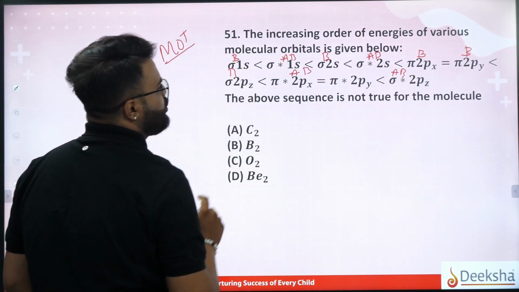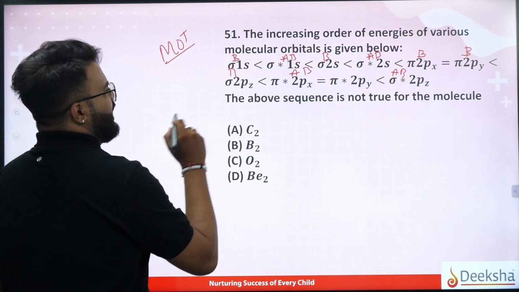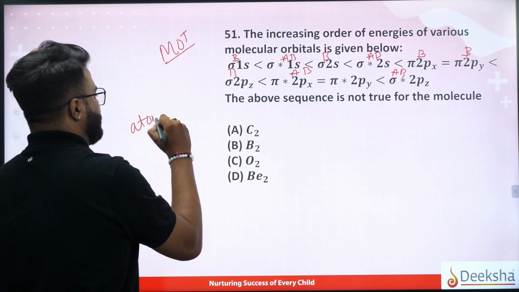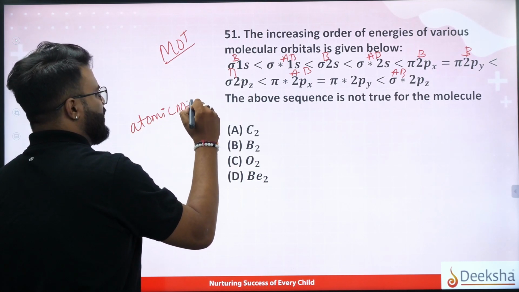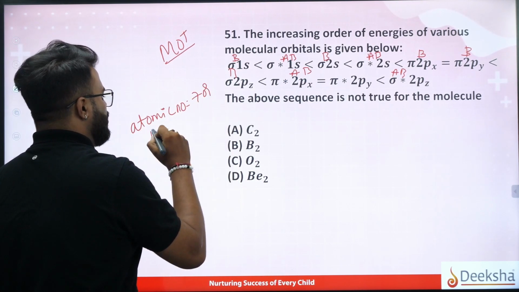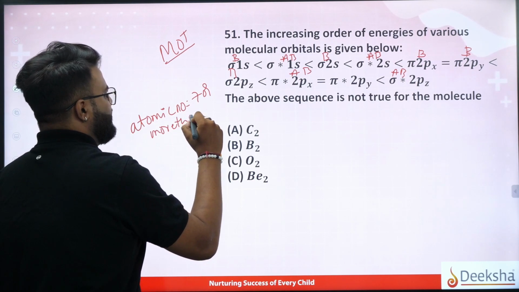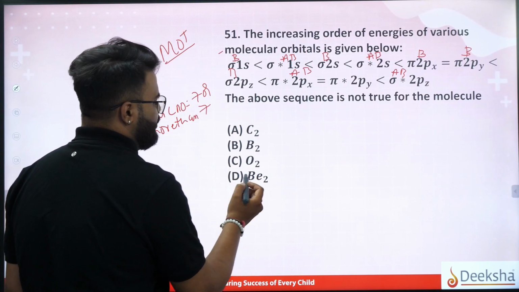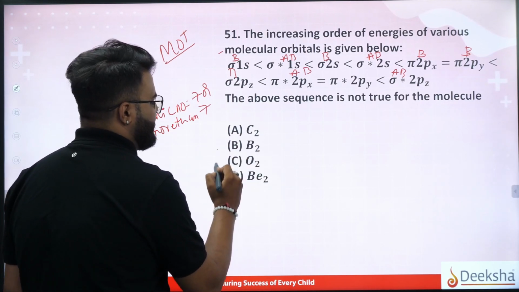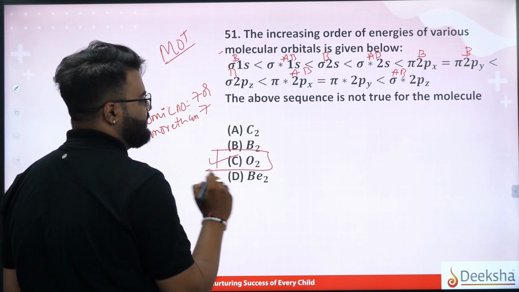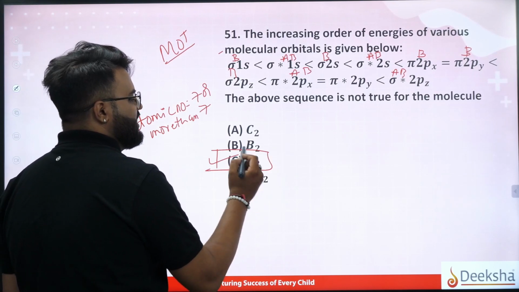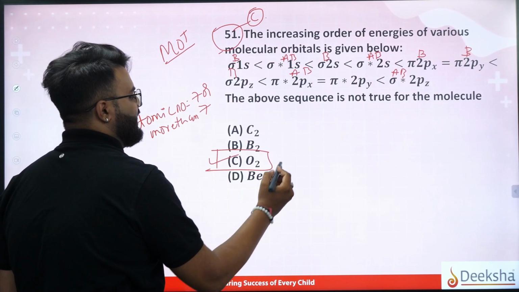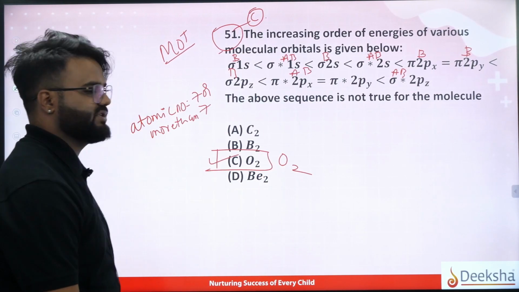So I can see this energy level order applies when the atomic number is 7 or more than 7. Carbon, boron, beryllium are not equal to 7, only oxygen has atomic number equal to 7. Then for question 51, option C will be your correct answer. That is nothing but your option oxygen.